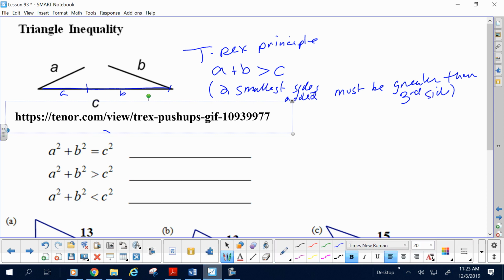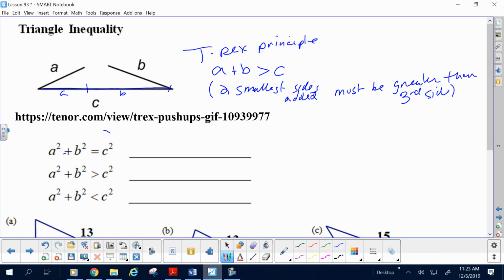So the next idea is what has to happen for certain types of triangles. If it's perfectly a squared plus b squared equals c squared right on the button, then it is a right triangle. Now these aren't equal anymore, because C got smaller.